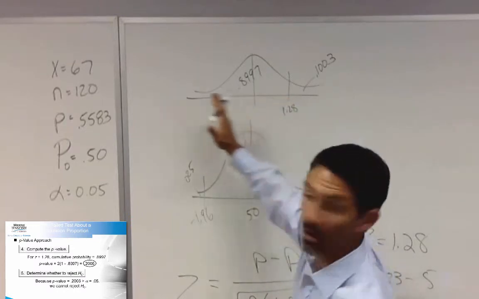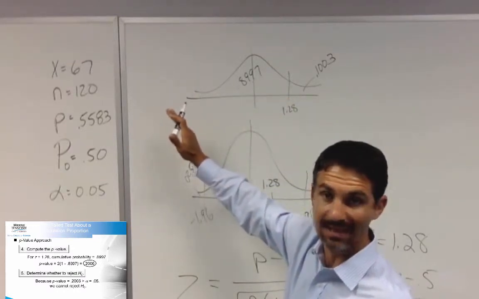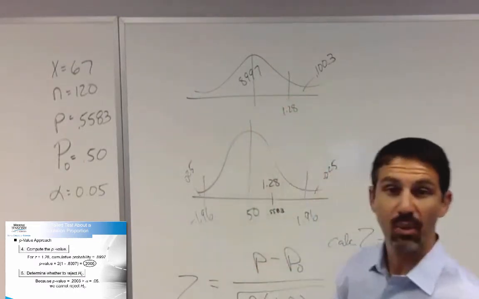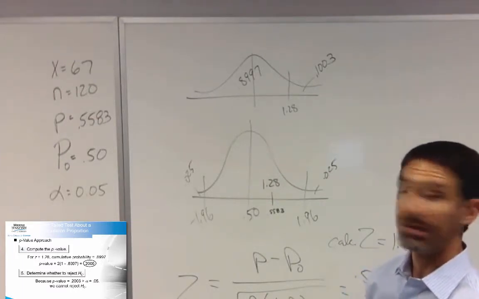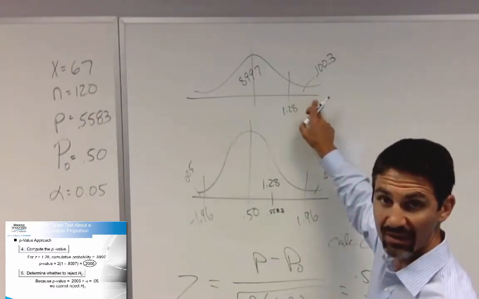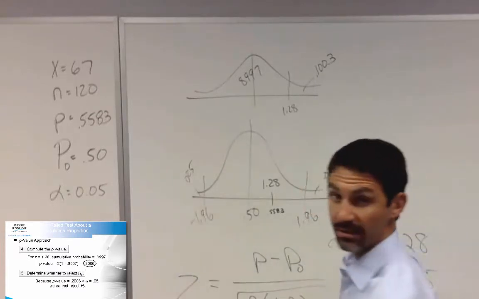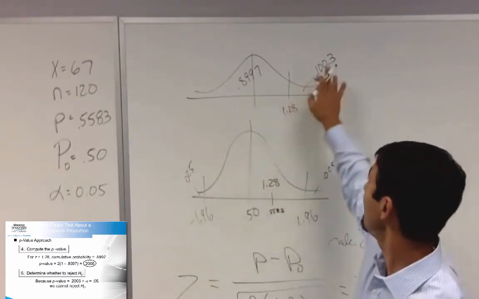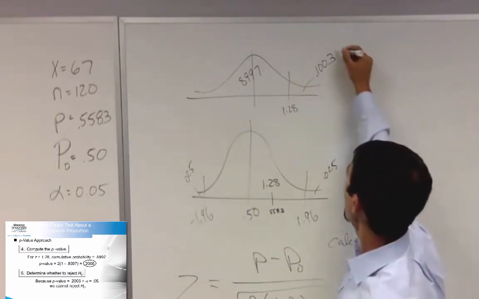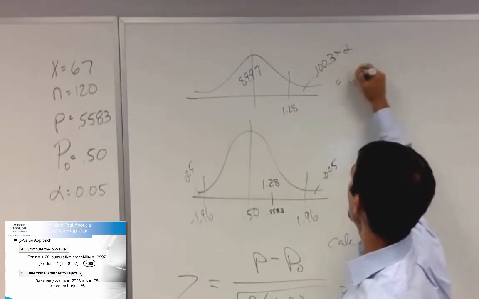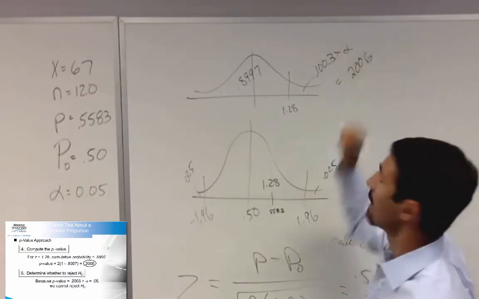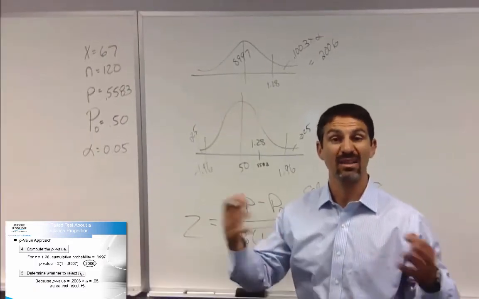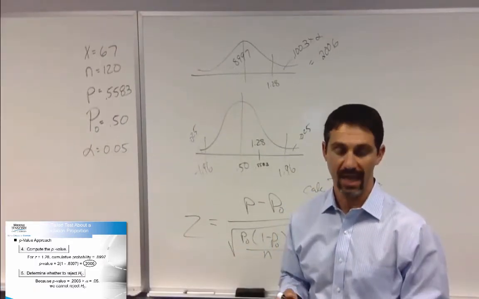So all that means is from here over is 0.8997, and then that area is 0.1003. That's one tail that I'm comparing to two tails. So to make this be the same as this, I have to multiply it by 2, and that's why my p-value is actually double when it's a two-tail test.